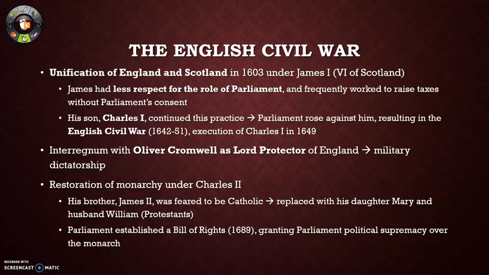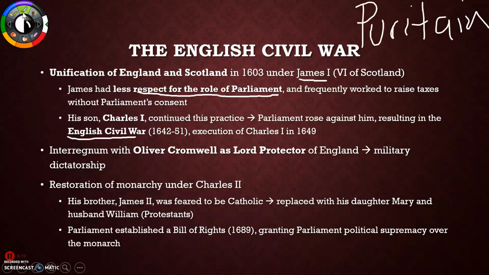So what Parliament does is decide to essentially continue that insurrection against the king, and they will establish a Bill of Rights, basically saying that the choice of political succession and the choice of political policy is essentially something that belongs to Parliament, not the king.